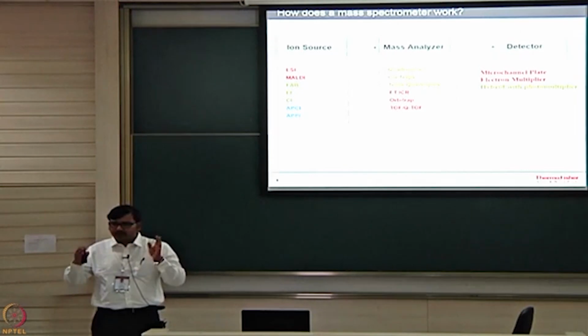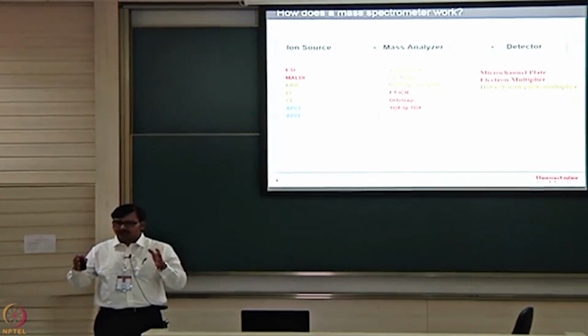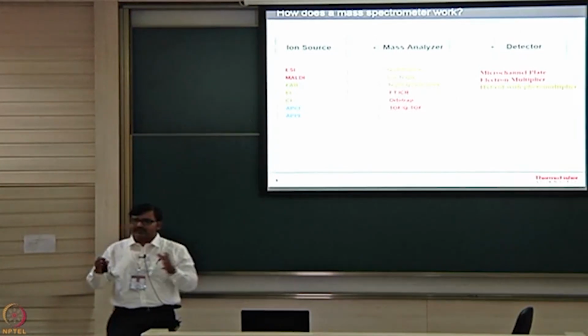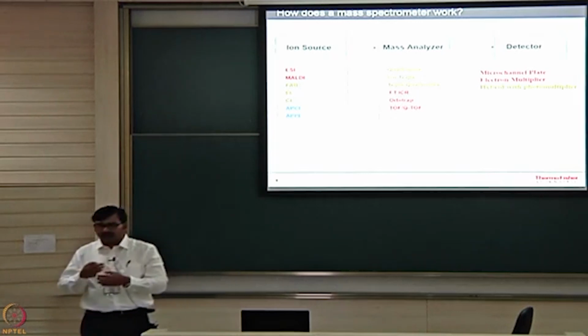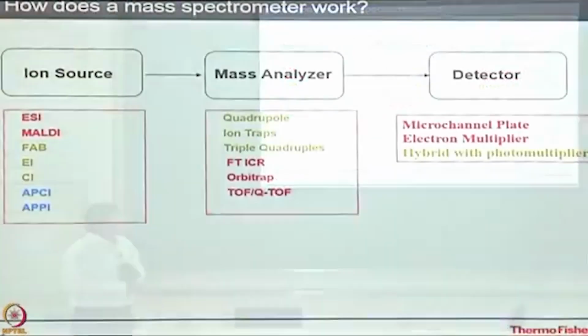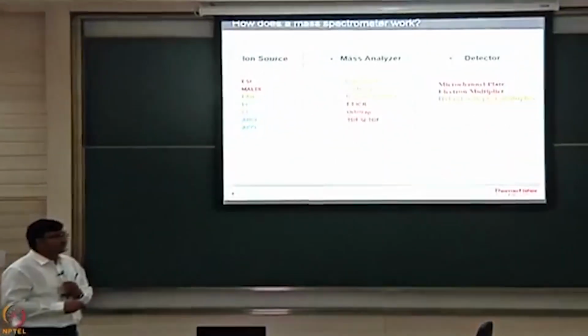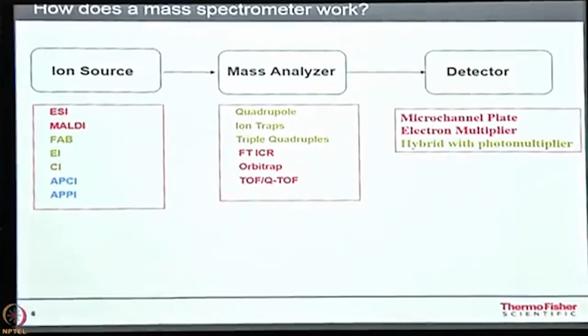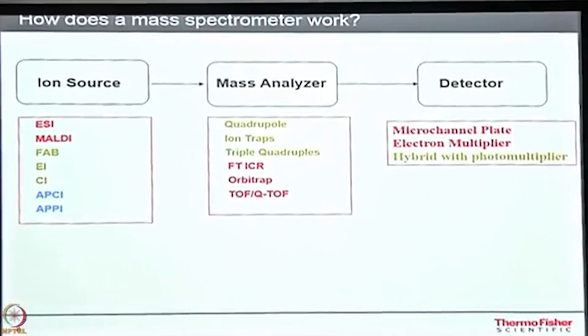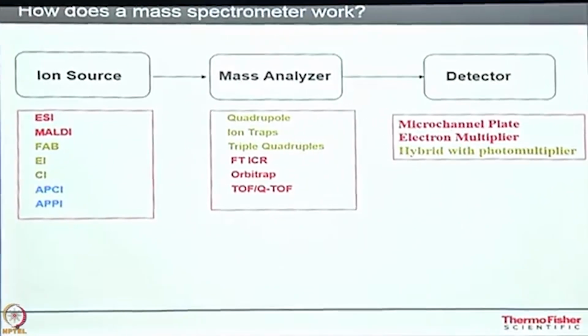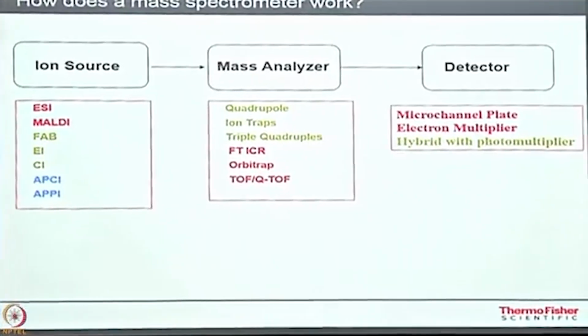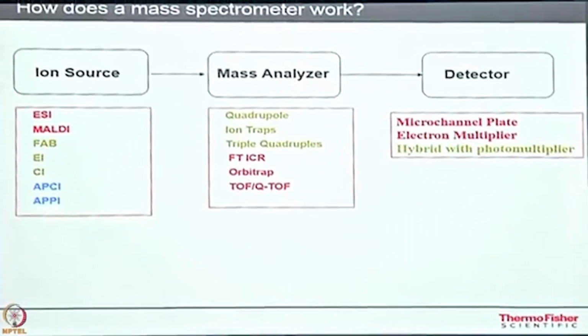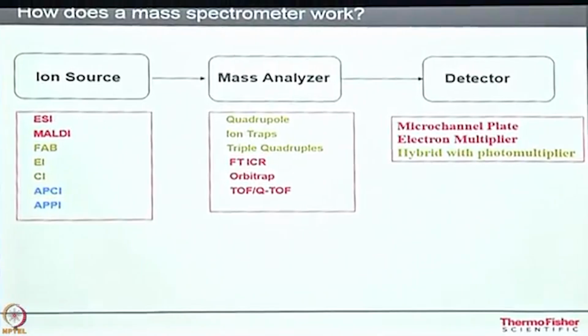With ion traps, you can trap your molecules inside a vessel and detect them. Quadrupole, ion trap, and triple quad are low resolution, so you cannot separate nearby masses. But FTICR, Orbitrap, TOF, or QTOF are high resolution instruments where you can separate nearby masses.